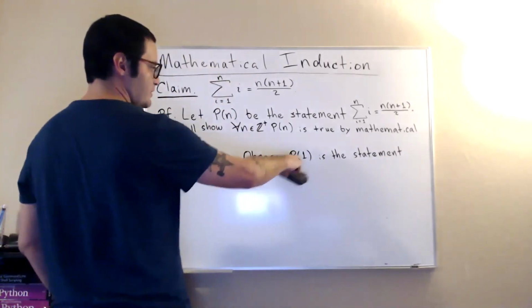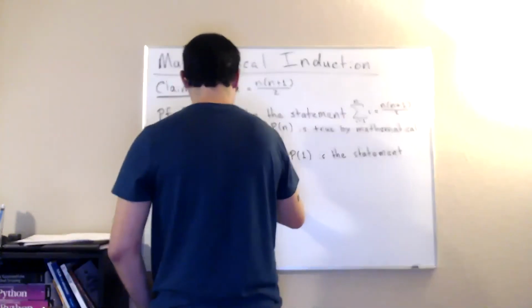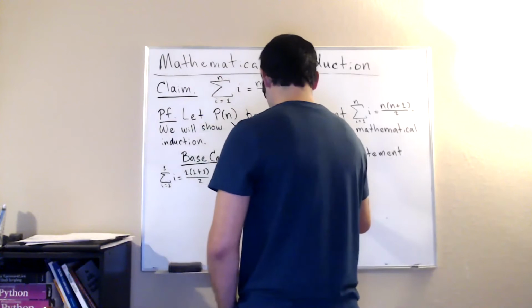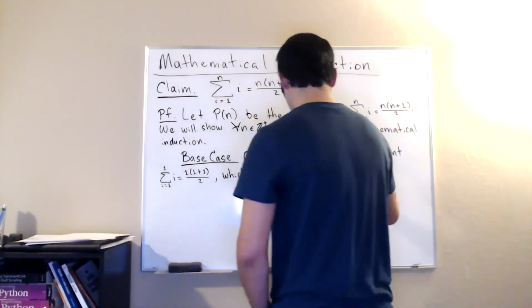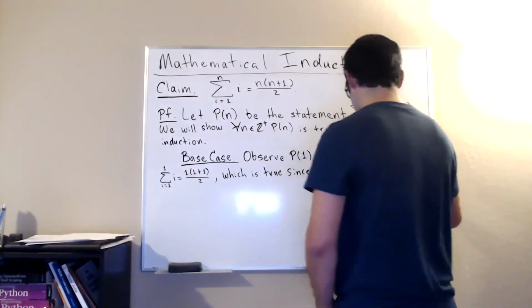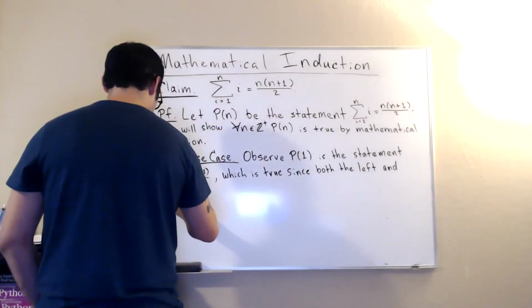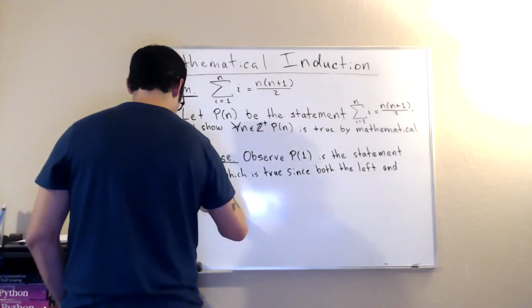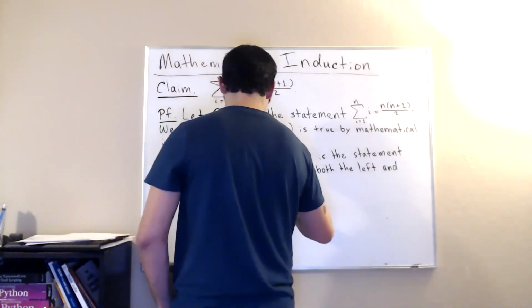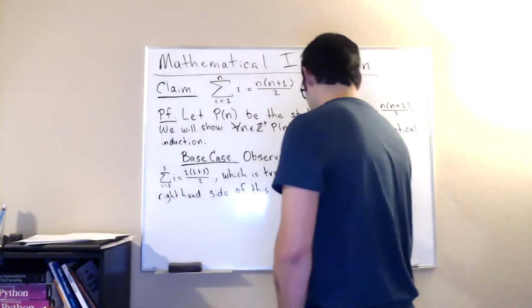I know, observe p of 1 is a statement that which is true since both the left and right hand side of this equation equal 1.